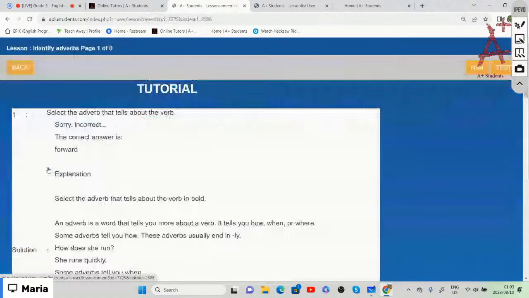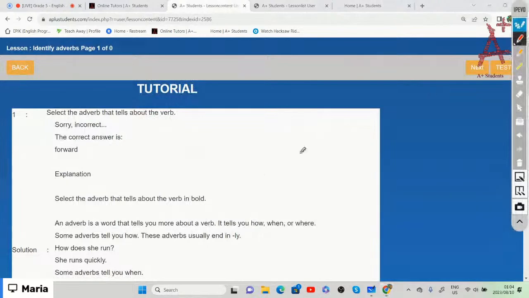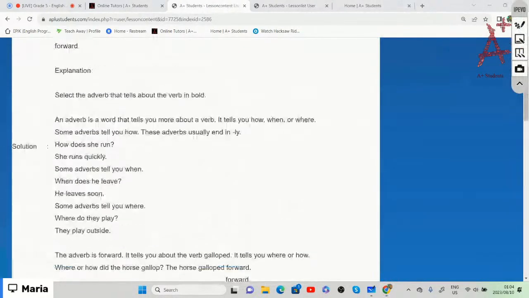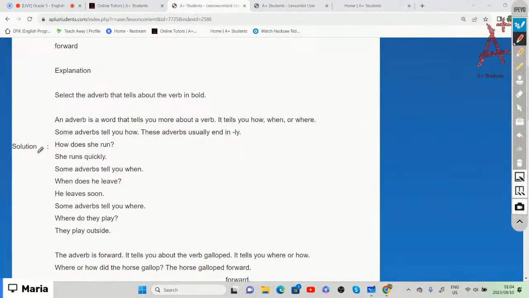Now we're going to look at what an adverb is. We're going to first start with what an adverb is, and then from there we will move on to more examples of adverbs. All right. So an adverb is a word that tells you more about a verb.